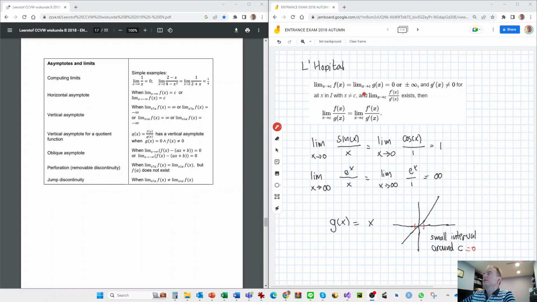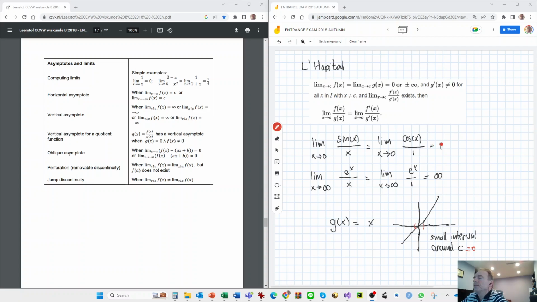Roughly it says that if both f and g in a quotient function like this go to 0 or to plus or minus infinity, then the limit is just given by the limit of the derivatives. So in this case, sine of x divided by x can be evaluated as cosine x divided by 1, which goes to 1.